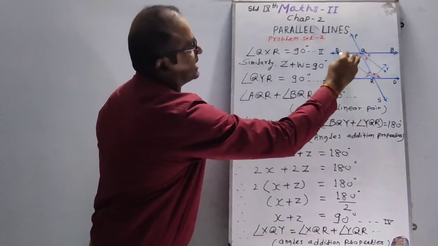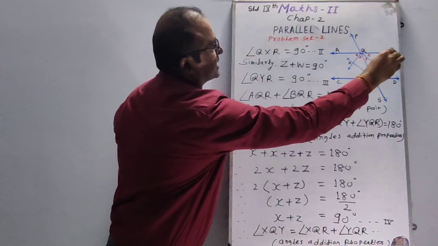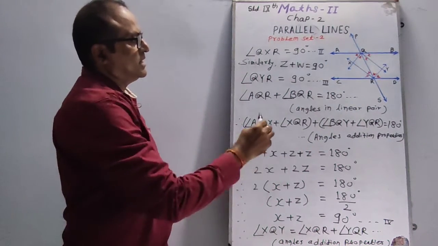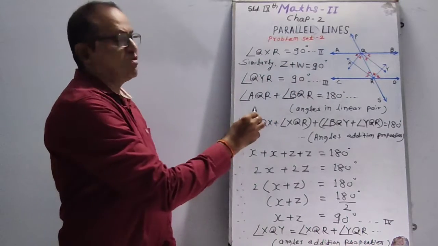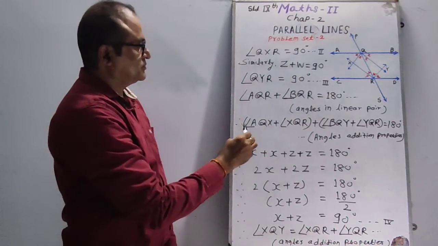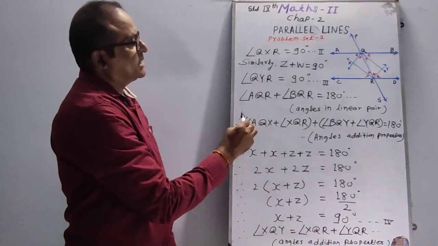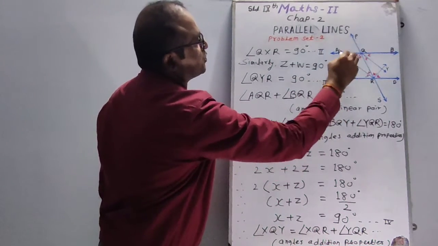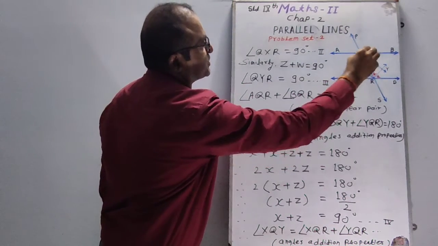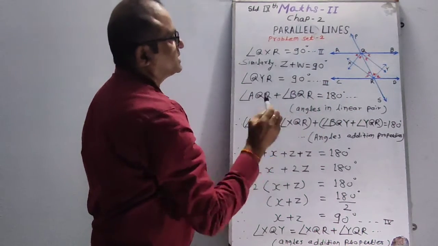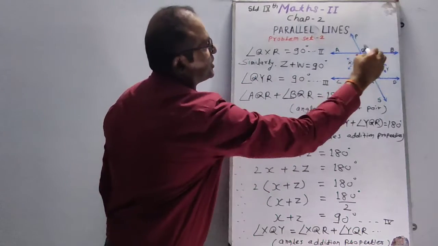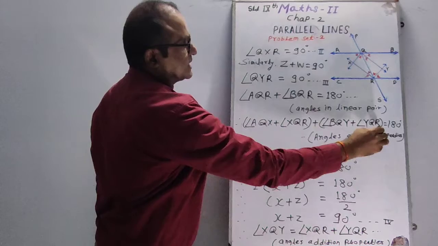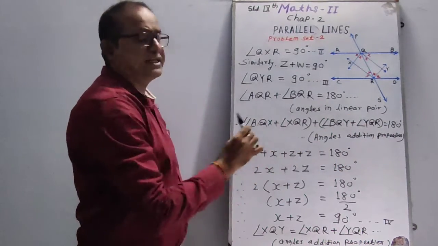In this figure, angle AQR plus angle BQR is equal to 180 as they are a linear pair, and the sum of a linear pair is 180. By the angle addition property, AQR, which is AQX plus XQR, plus BQR, which is BQY plus YQR, is equal to 180.